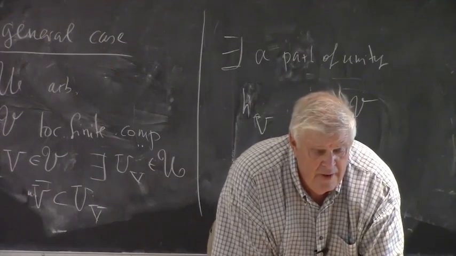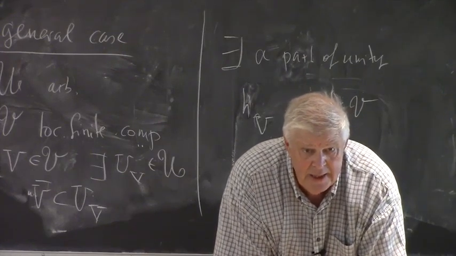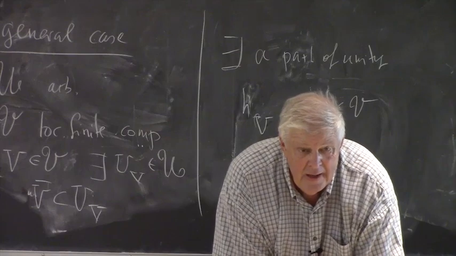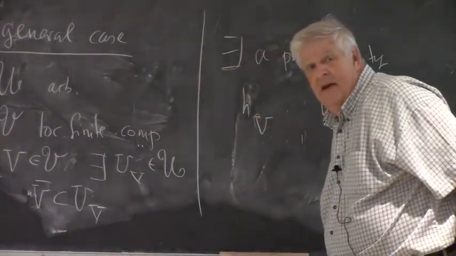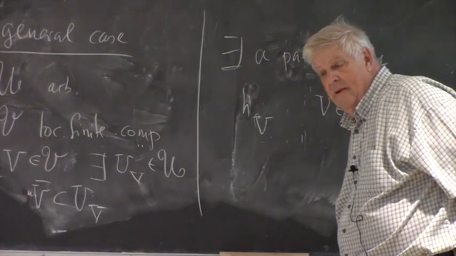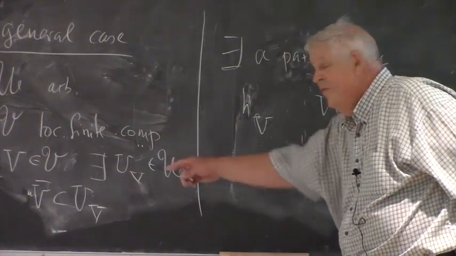They form a locally finite family, and the sum is 1, right? So this is a partition of unity subordinated, however, to V, not to U.